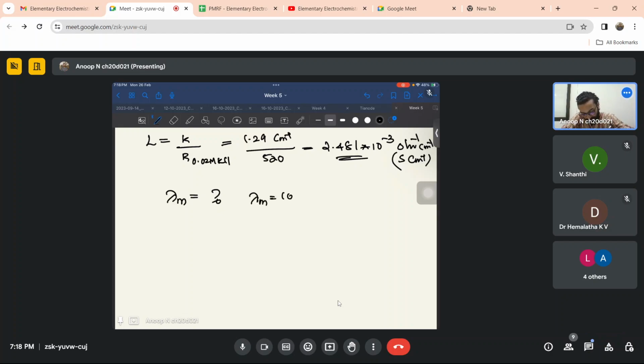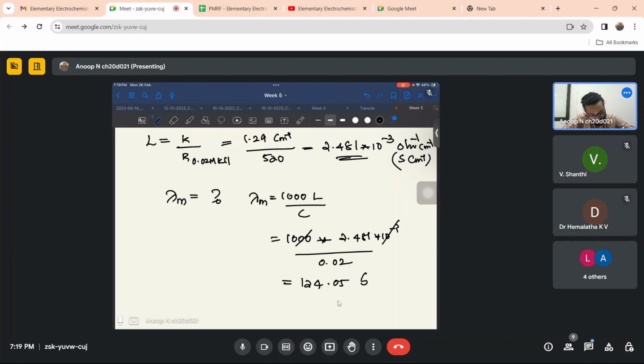Lambda m is equal to 1000 L divided by C. Yeah, it's 124 answer. So 1000 into, what is the value of L? 2.481 into 10 raised to minus 3 divided by the concentration, 0.02, which is nothing but 124.05 Siemens centimeter squared per mole.